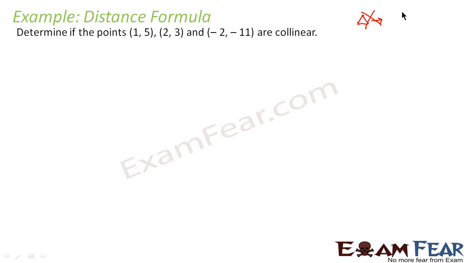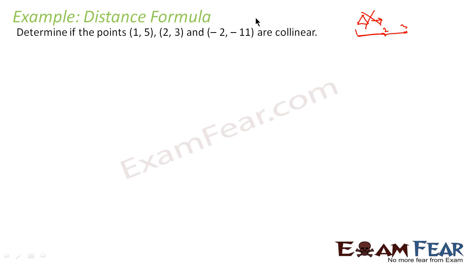Or what we can do is, if we have 3 points 1, 2, 3 that are collinear, that is they lie on the same line, we can prove it this way. Let's suppose there are 3 points 1, 2 and 3. If the distance between 1 and 2 plus the distance between 2 and 3 is equal to the distance between 1 and 3, then they are collinear.